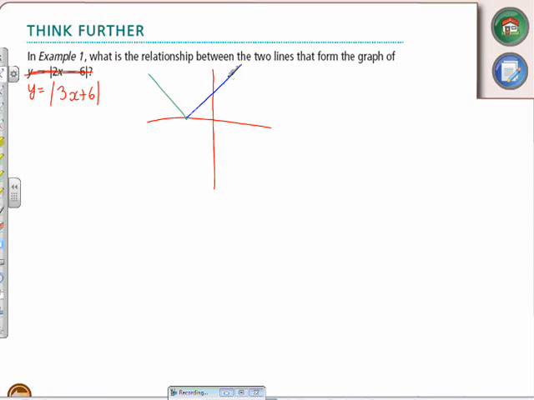If we look at the relationship, they're symmetrical on either side, but they have opposite slopes. This one had a slope of positive 3. This side here has a slope of negative 3. So there's a reflection. It's just an opposite slope.